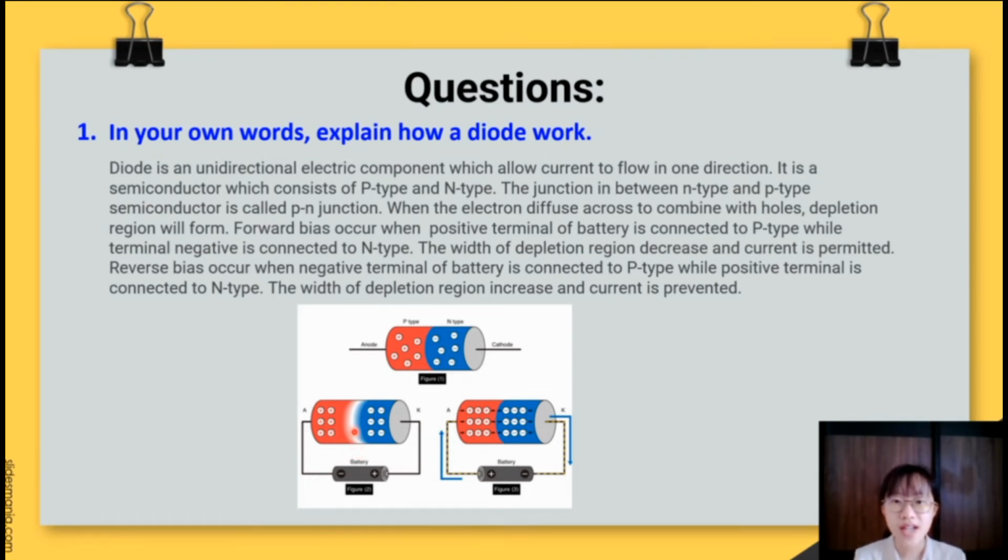In this case, the width of the depletion region will decrease, so current is permitted. For reverse bias, we change the terminal, where positive terminal of battery is connected to n-type and the negative terminal of battery is connected to p-type. So the depletion region will increase and the current cannot flow through.